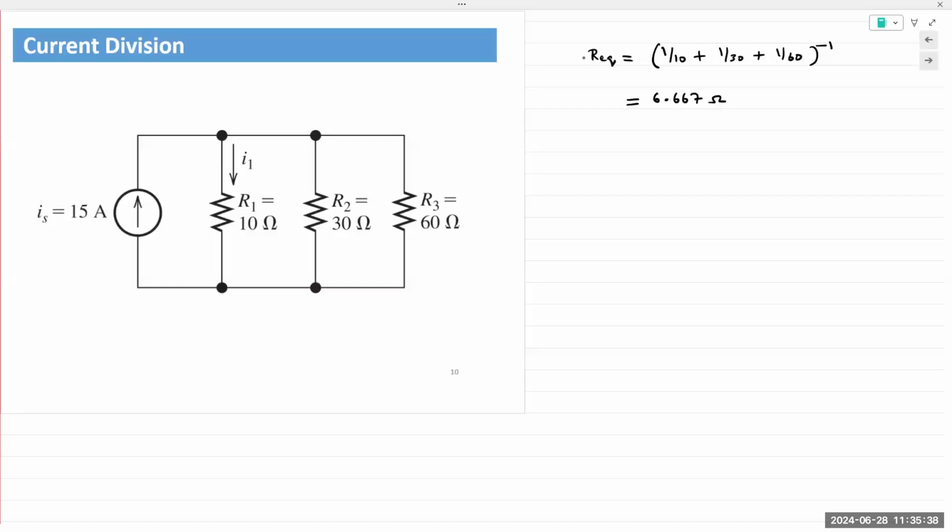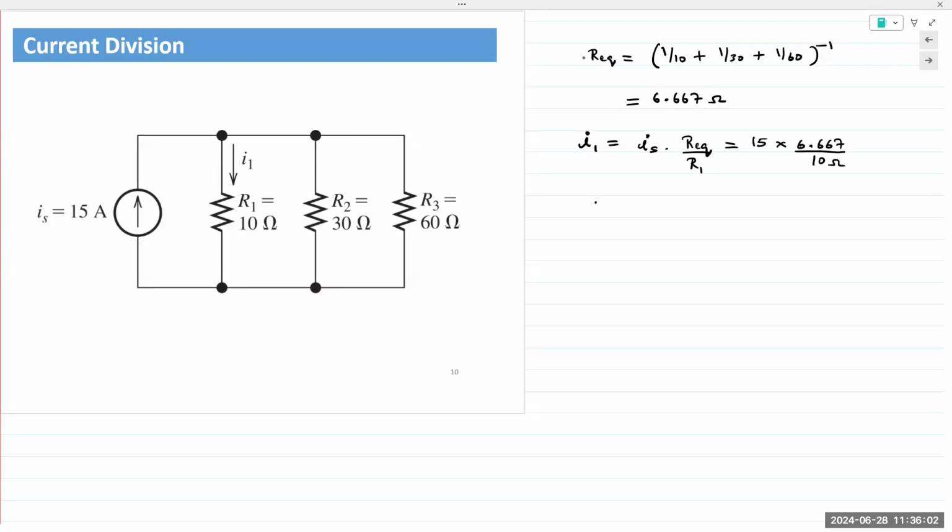But if it's 6.667, then I1 would be equal to I total, or IS in this case, and that would give me Req over R1. So 15 times my Req, which is 6.667, divided by 10 ohms.